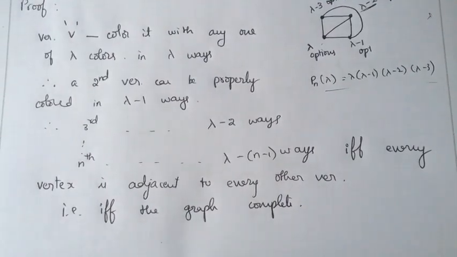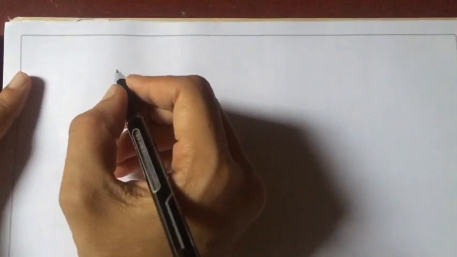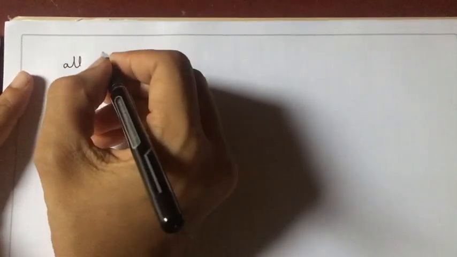In fact, all the vertices can be colored in lambda into lambda minus 1 into lambda minus 2 up to lambda minus n plus 1 ways if and only if the graph is complete.